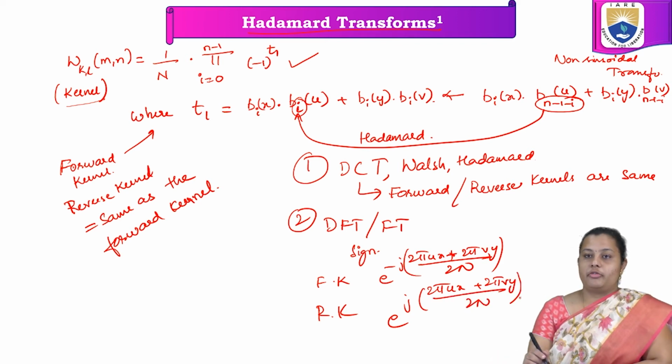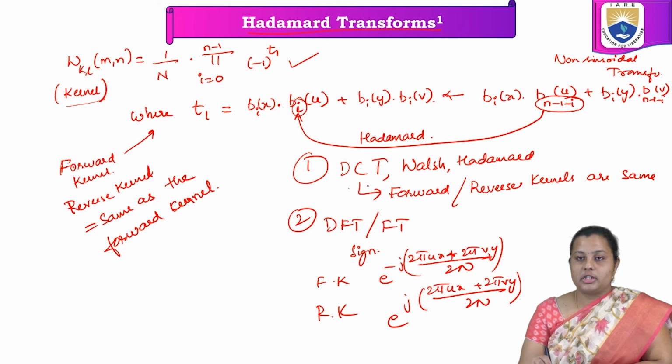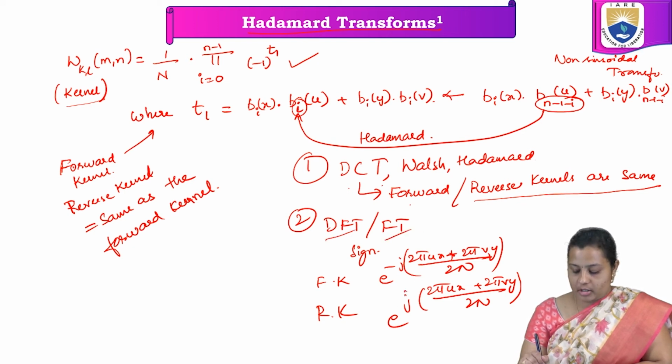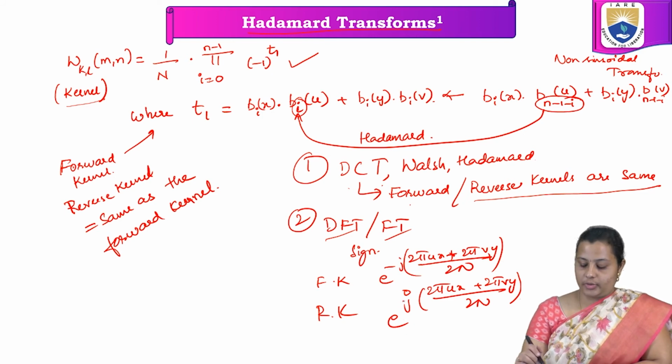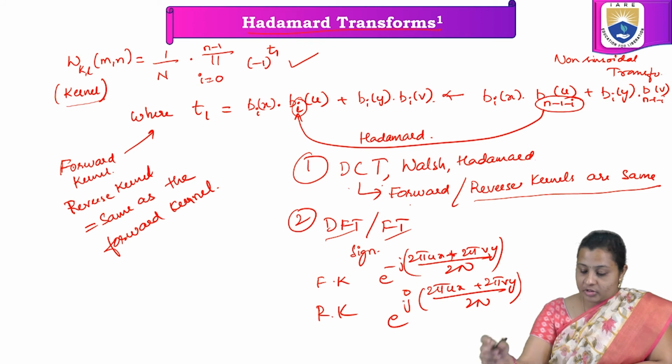So for DCT, Walsh and Hadamard, the forward and the reverse kernels are the same. For the Fourier transform and the discrete Fourier transform, they are represented by exponentials which differ by a positive and negative sign. So this is our Hadamard transform.